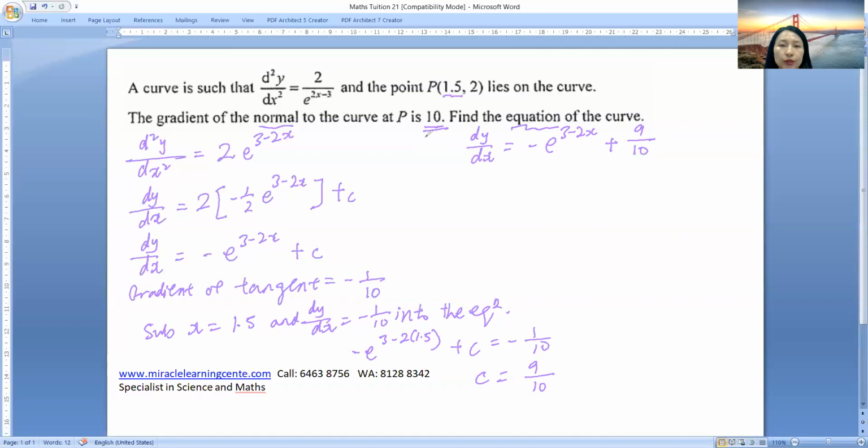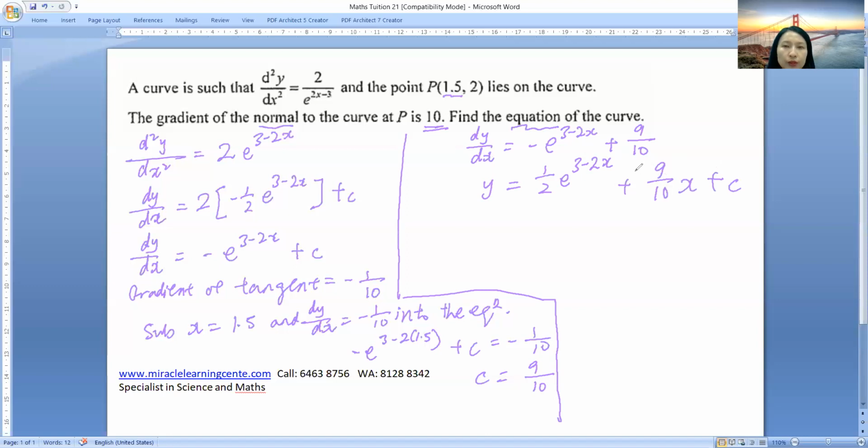Let me draw a line to divide my working. So y is equal to half e to the power of 3 minus 2x, plus 9 over 10 x plus c.